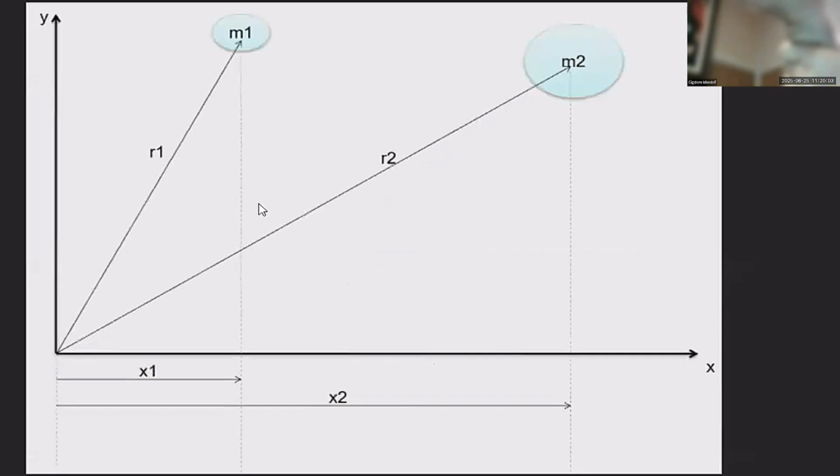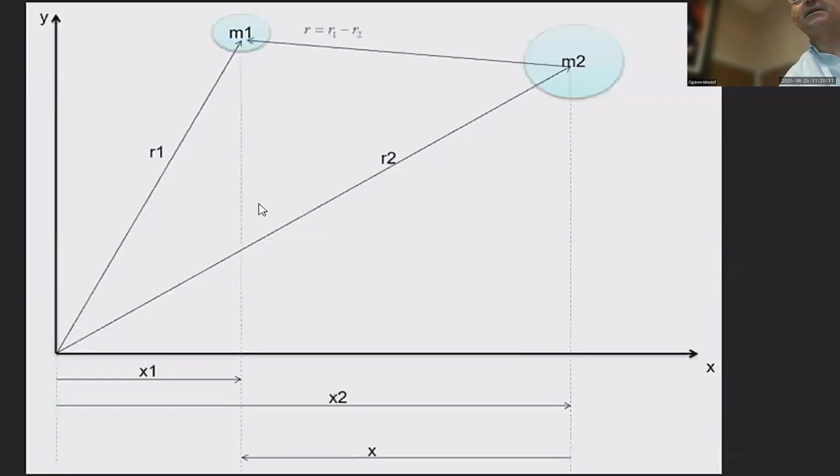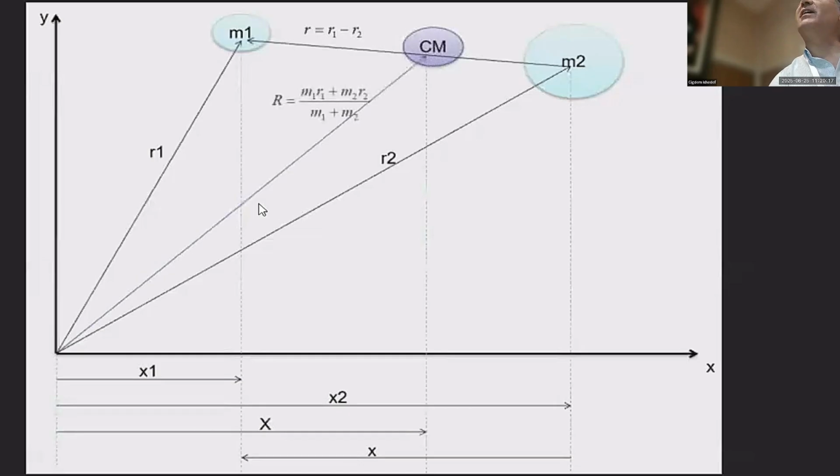You have two masses, M1 and M2, and distances from the origin. Now, what you do is you find the relative vector of these two positions, define the center of mass by using this formula, and write the Schrödinger equation for mass 1 and mass 2, two masses, with the potential between these two.